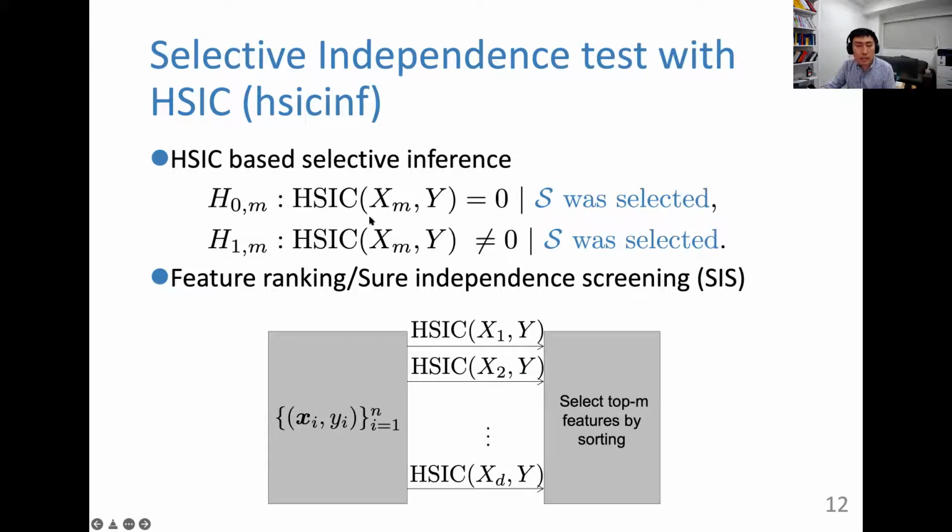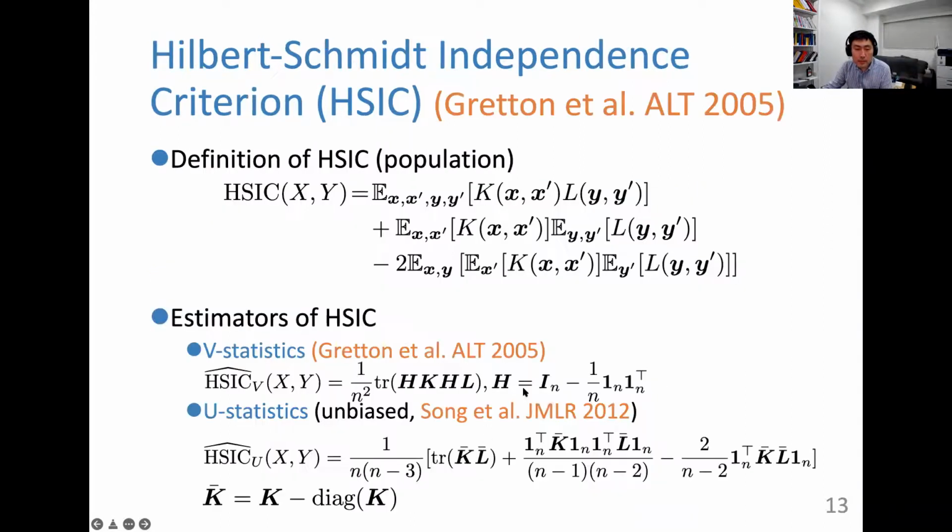Then we check whether the HSIC is 0 or not, that is, whether the M features are independent of the output or not. So this is how to do the feature selection.